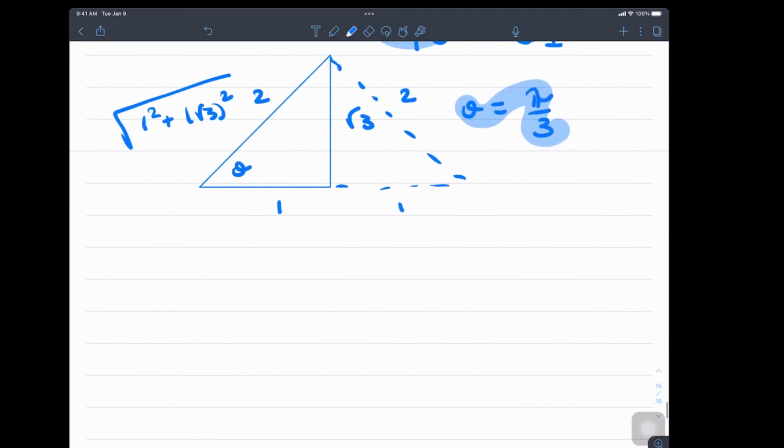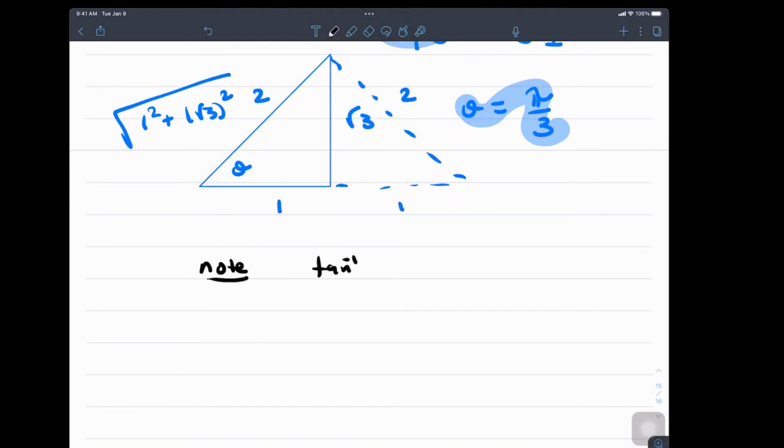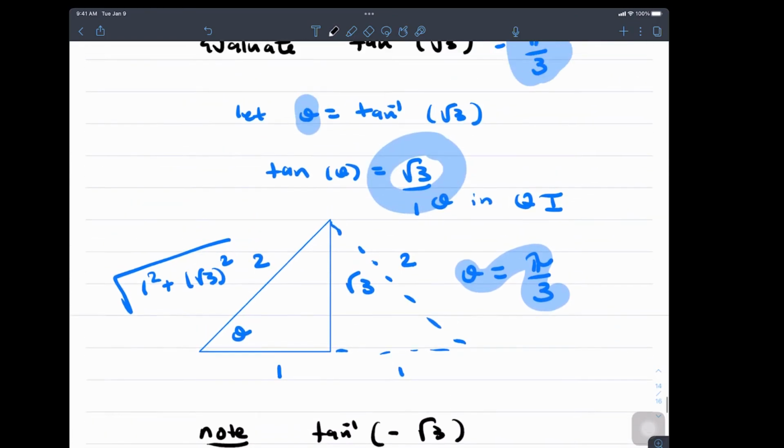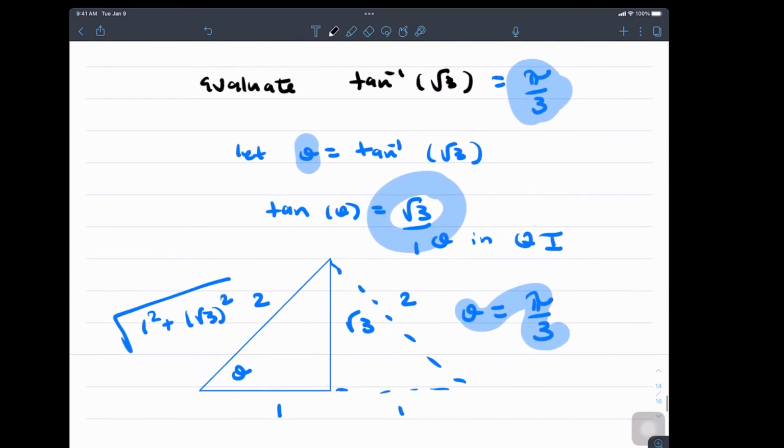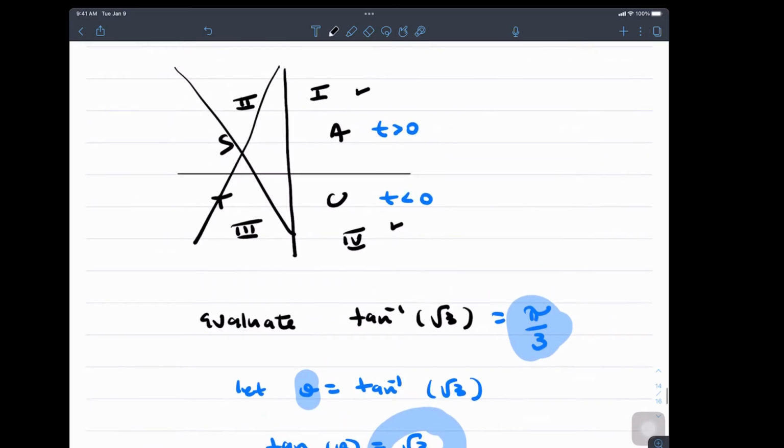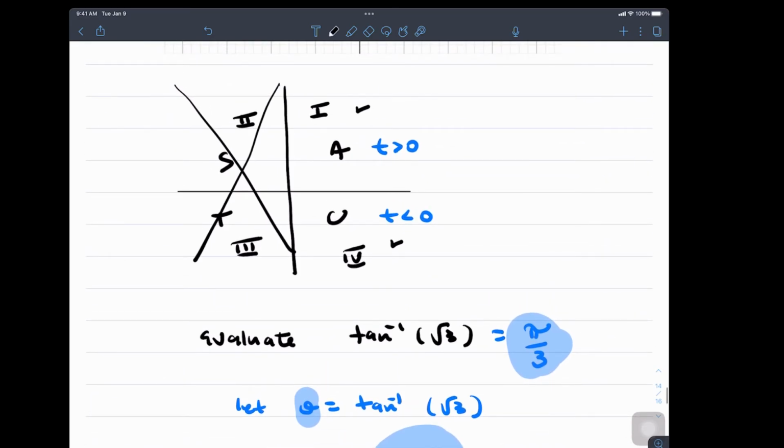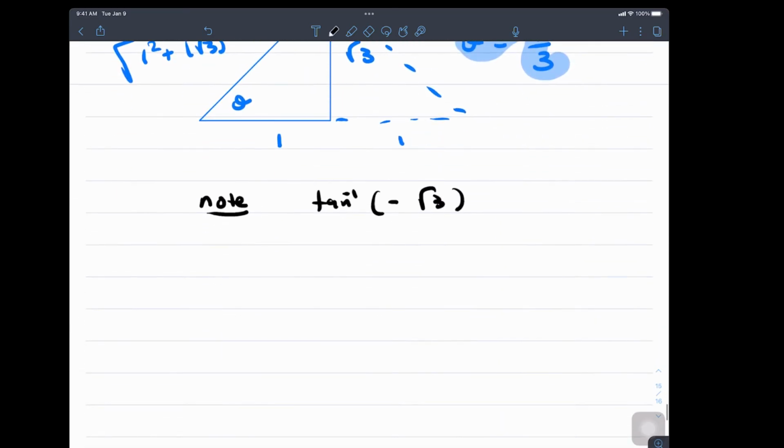And if you said, what if they gave me this? Let's compare and contrast. What if they gave me negative square root of 3 instead? Okay, how does this all work with the all students take calculus and that you only have quadrants 1 and 4? Okay, the process is exactly the same. You say, let theta be inverse tangent negative square root of 3.